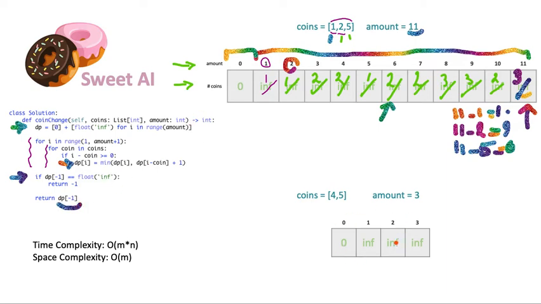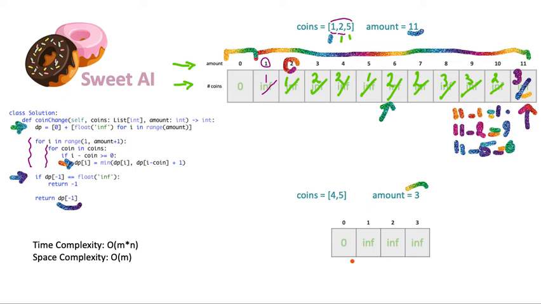So how about the case where we cannot make 3? We know that, but let's see how it works. We have 0 here, we have infinite in the rest of the array, and we do the exact same iteration. What will happen here is that we are going to have infinite in all of them, and we don't update it because that's not possible. So let's do one example so you can understand that.